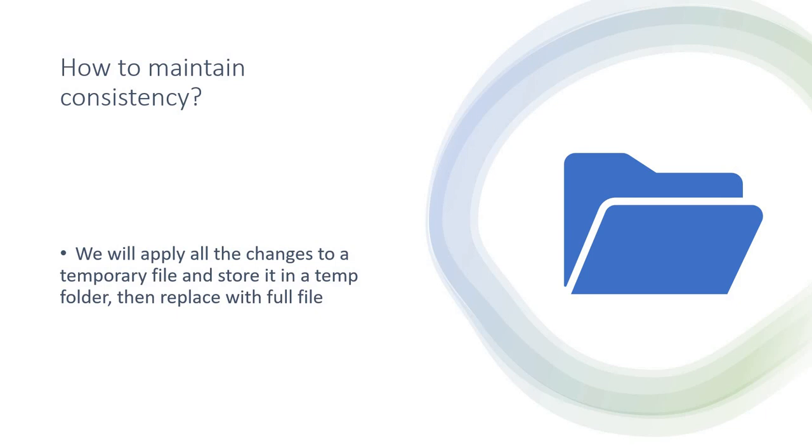For the client, the whole file is one. If he sees that only parts of the file are getting updated slowly, it might not give a correct view. So instead we can create a temporary file and apply all the changes to the temporary file first, and once the temporary file receives all the changes, we can replace the actual file with that temporary file.